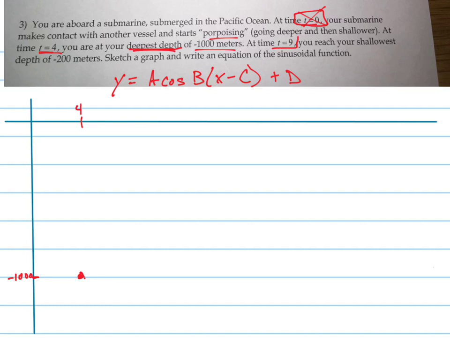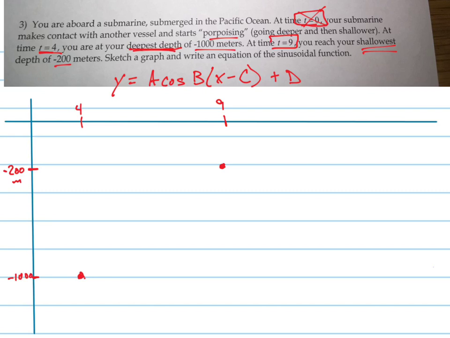And then it says at time t equals 9, you reach your shallowest point, which is negative 200 meters. That's up here, and that's at time t equals 9. So this is your point right there. At 9 minutes or whatever, that's the shallowest you get.